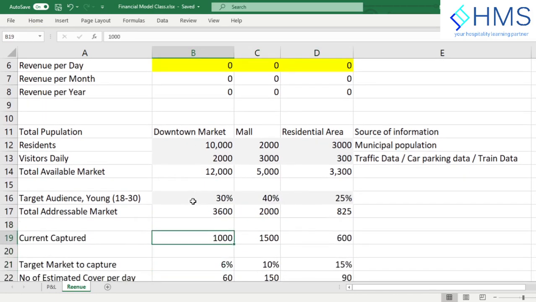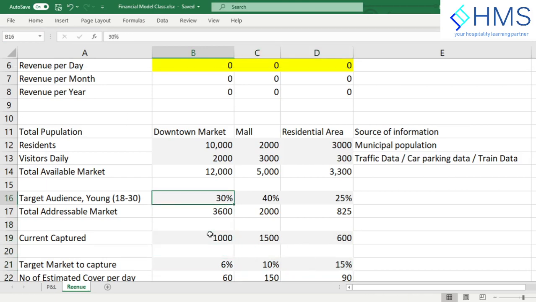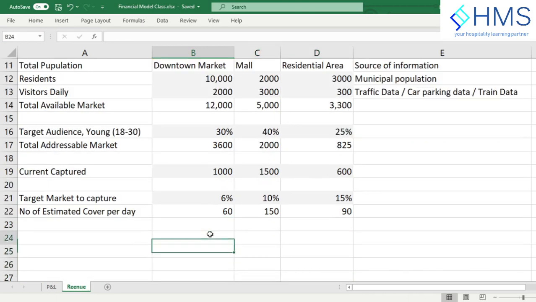If I need to adjust my model, how much of this am I going to need to review or change or update, right? So these are your assumptions. The rest of the numbers are going to be formulas, so you don't have to really adjust those. So then it's easier for you to understand what is my key in and what is my calculated formula. That has to be separate so that it's easier to understand in the future.